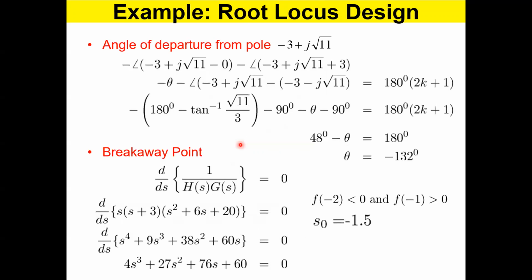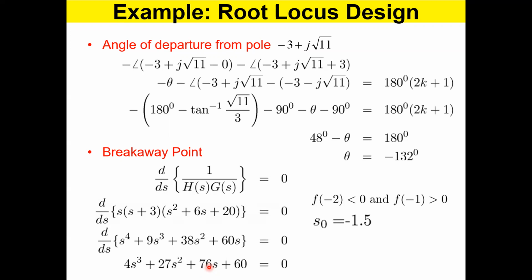Now here what we have is this function. This is our fs. You need to differentiate this with respect to s to get f dash s, because we need both. When you differentiate this with respect to s, it becomes 12s to the 2 plus 54s plus 76.